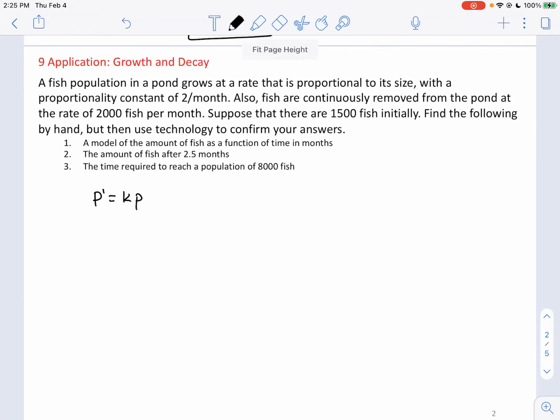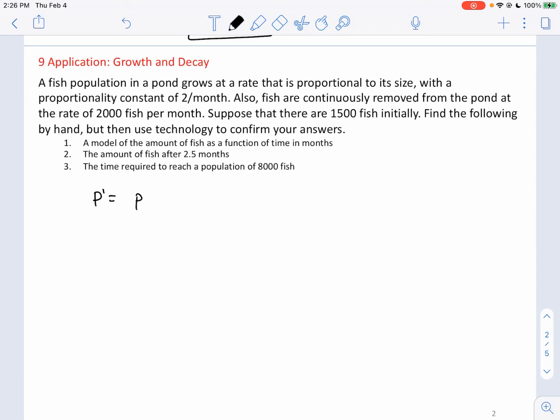Okay, so this is the rate at which the fish are growing. However, there is a removal of fish. Also, fish are continuously removed from the pond at the rate of 2,000 fish per month.